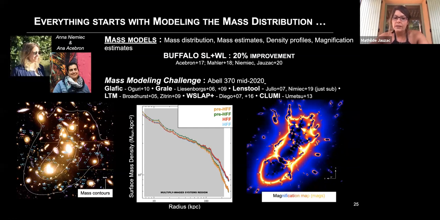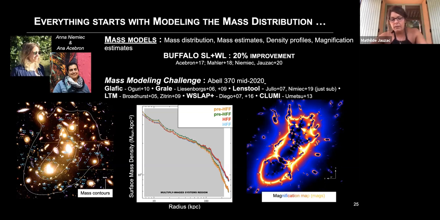And we deliver those mass models to the community, so they're being made public, so non-lensing experts can use those models to do the science they want to. You have 3 panels at the bottom of my slide. They're showing you mass contours on the left, so what you recover from your mass model.